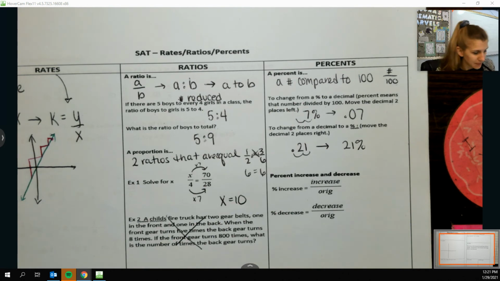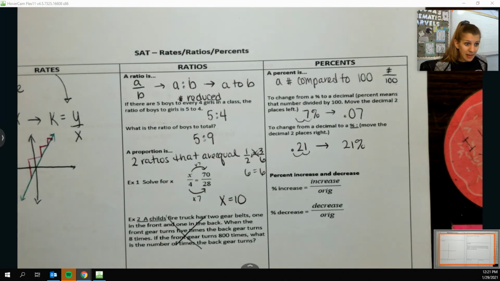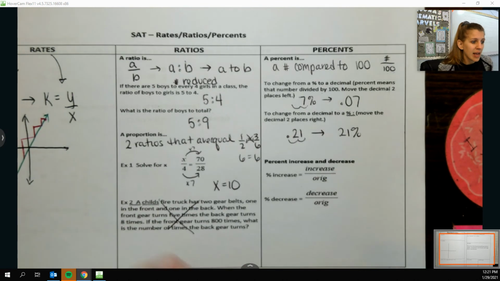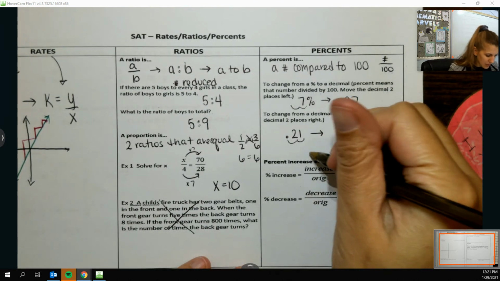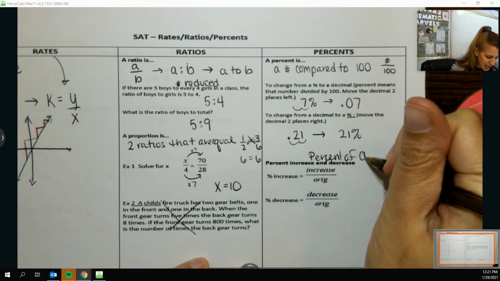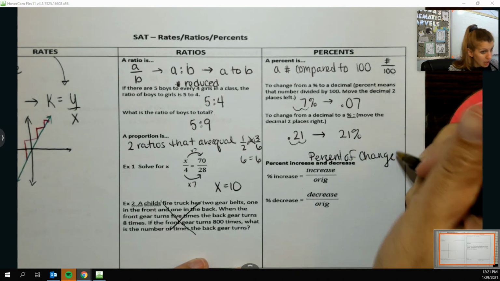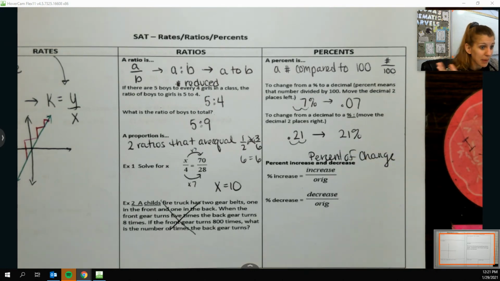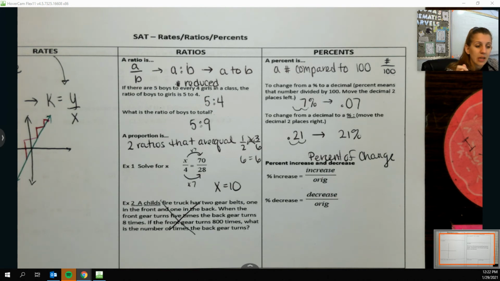So easy peasy. But something that's maybe a little less easy to think about is percent of change. This is something that, personally, I see a lot, like if I'm out shopping and you see that an article of clothing or an item has been marked down or maybe even marked up for some reason, you might want to find out that percent of change.